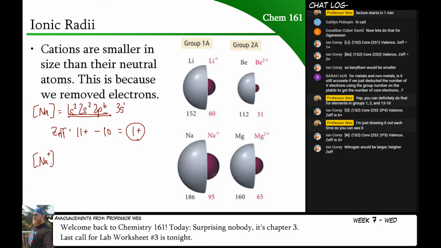But if I do this for sodium plus, I get rid of that electron on sodium plus. This is now my number of core electrons. And holy crap, it's way larger, right? Because I just lost 8 screening electrons. They are now the core electrons. So you can see that the size changes proportionally.